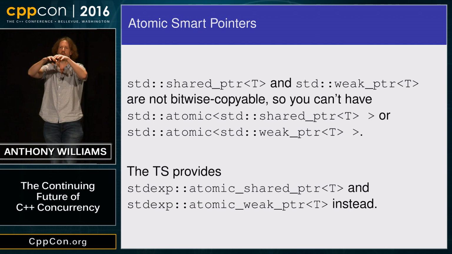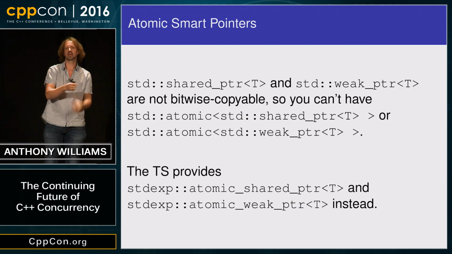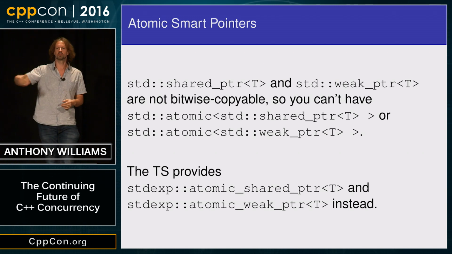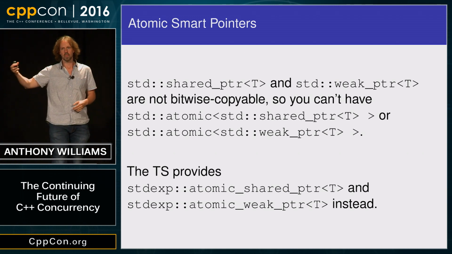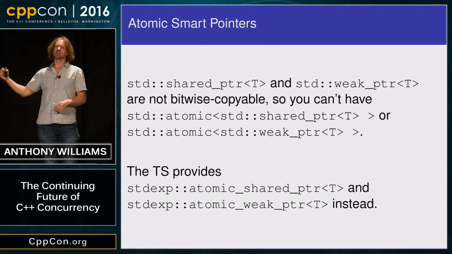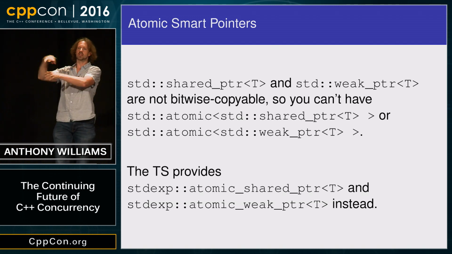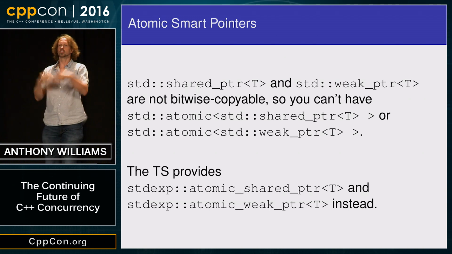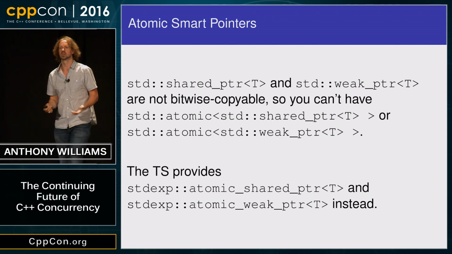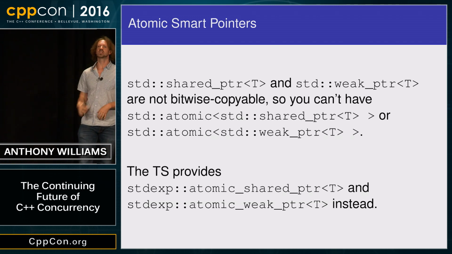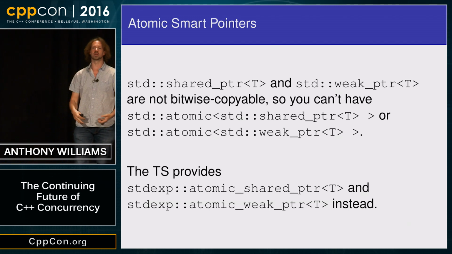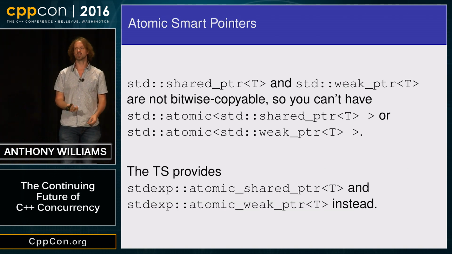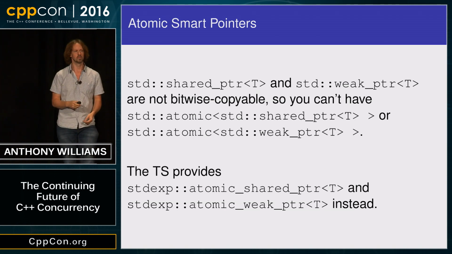But if you've got a single object, like the next pointer in a linked list that's being traversed by multiple threads, then if you try to update those concurrently from multiple threads, that's not going to work if you've got another thread traversing, and you need to use external synchronization like a mutex. If you use atomic shared pointer, the synchronization is moved internally. And again, depending on what your implementation does, it may use a mutex or it may manage to be lock-free.